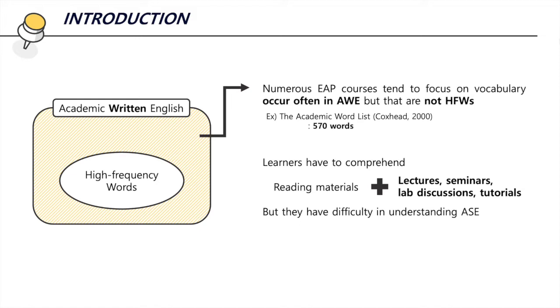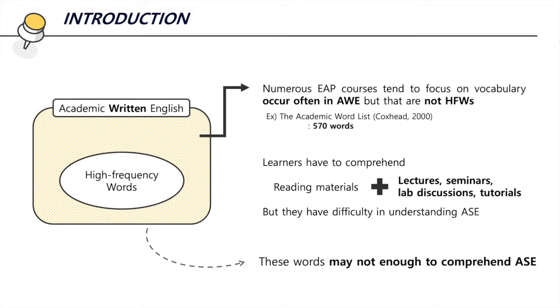high-frequency words in it. However, students have to understand both reading materials and academic spoken English, such as lectures, seminars, lab discussions, and tutorials. But they have difficulty understanding academic spoken English, and the main reason is lack of vocabulary knowledge.